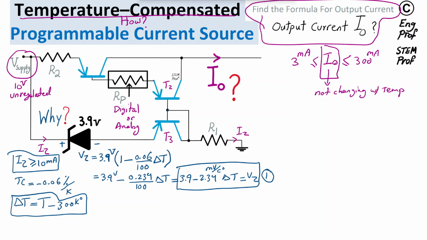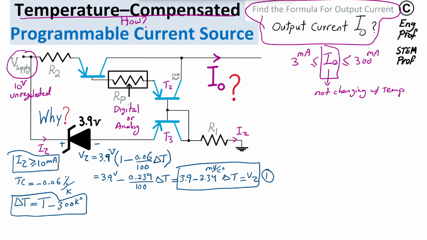Now, I am going to write the KVL across these 3 components so that I can bias the Zener diode. The main reason to select 3.9 volt, as I'm going to show, is because I would like to have this temperature coefficient of negative 0.06% per degree Kelvin.